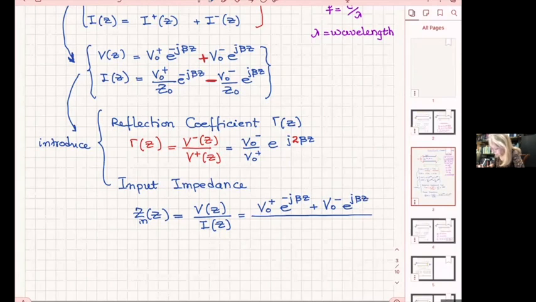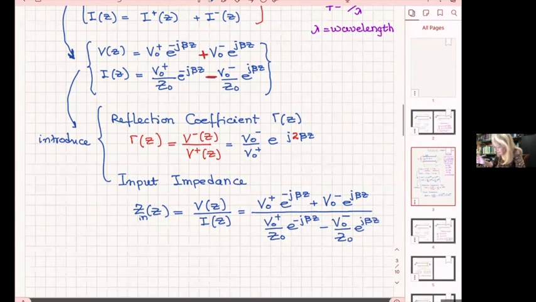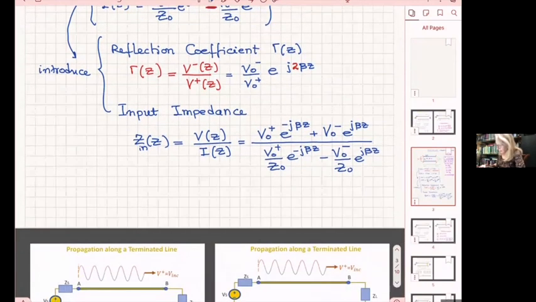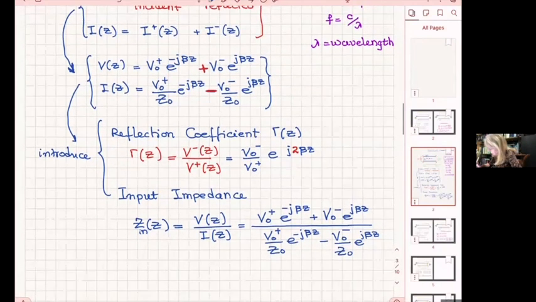And then you have V naught plus of Z naught e to the minus J beta Z, minus V naught minus over Z naught e to the J beta Z. And finally, this one, I'm going to add a page.